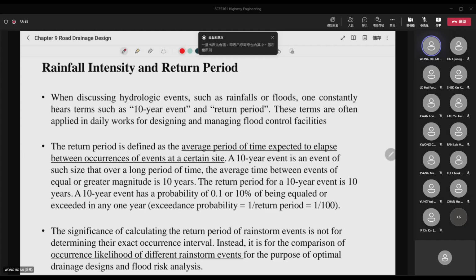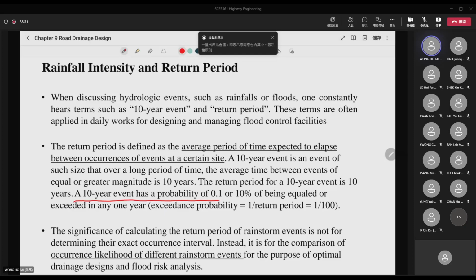So as I mentioned here, a 10-year event has a probability of 0.1. That means the probability that it will happen per year is 10% or 0.1.